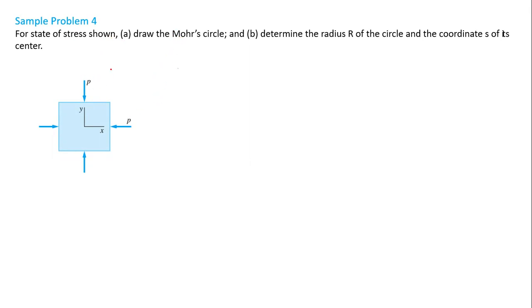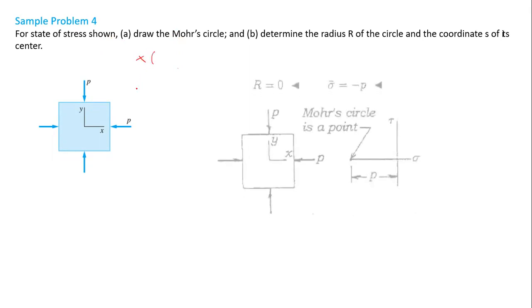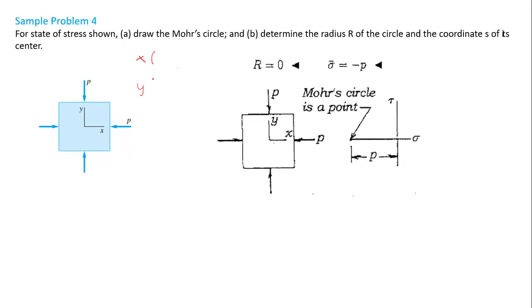So mora ni atong load. So ato ang x and y. Itong x is compressive, so negative p. Itong tau is 0. So atong y is compressive gyapon, so negative p.